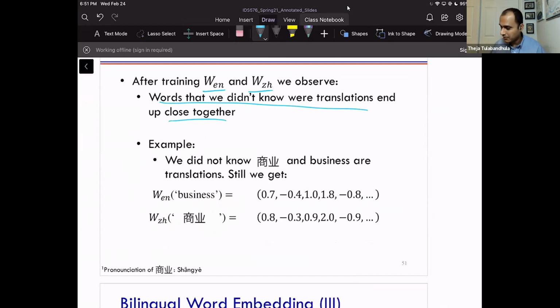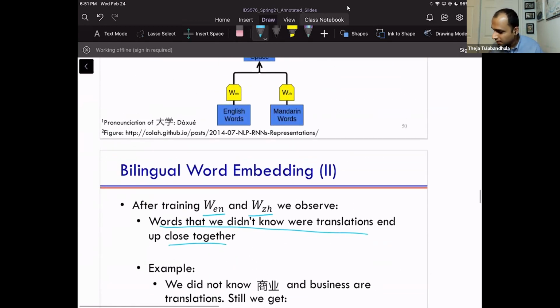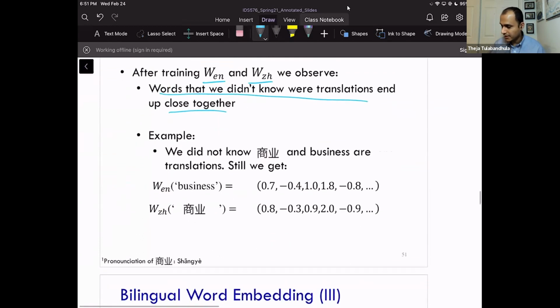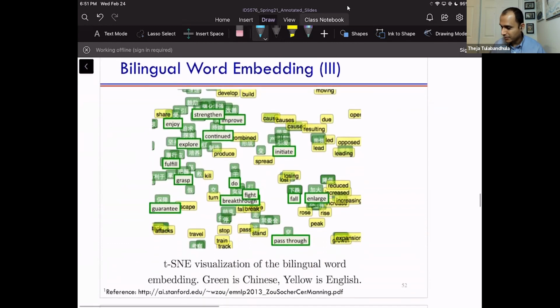And that's what folks have worked on. I think there was a link here. We can look at this link or some other links. For example, if we did not know that this word and business are translations, it may end up that these two will have similar word vectors. Here's a pictorial diagram.